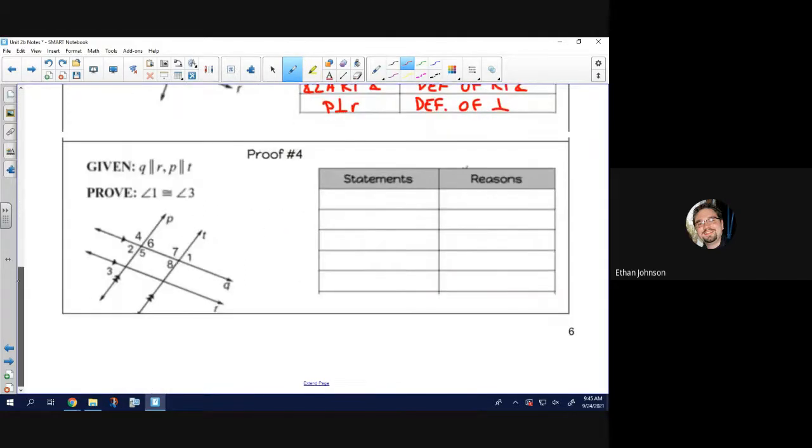Look at your last proof of the day. Once again, not trying to prove any special relationship, so I will write our first given. Q is parallel to R. And I will even emphasize which two we're talking about. Q and R. So that unlocks relationships.